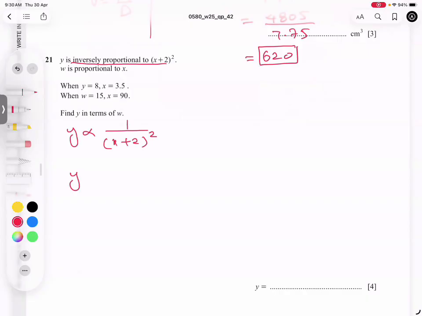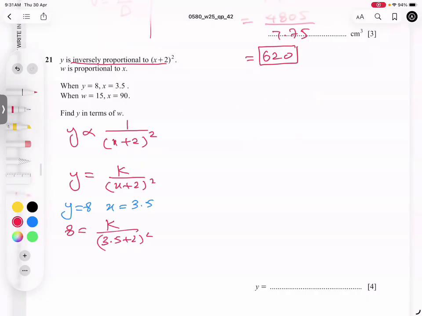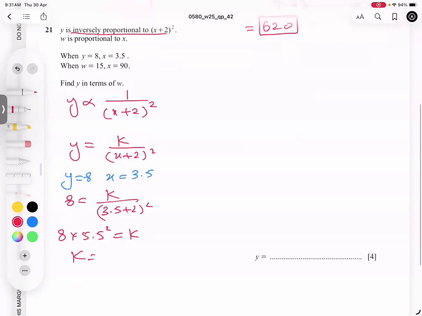It is called inversely proportional, and we always get a k here. Now students, plug in this pair: y is 8 and x is 3.5. So it becomes 5.5 squared multiplied there. In this way, we can get the k value easily.